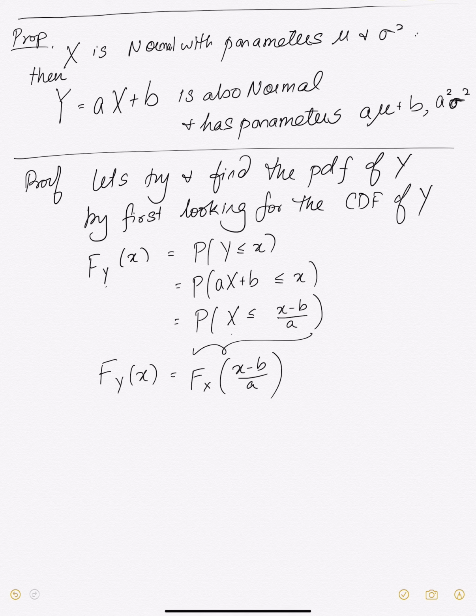We want the PDF of Y. Here's a relation between the CDF of the two. So how can we go from the CDF to the PDF? You want to differentiate. So that's what you do now. Go ahead, differentiate both sides with respect to x.